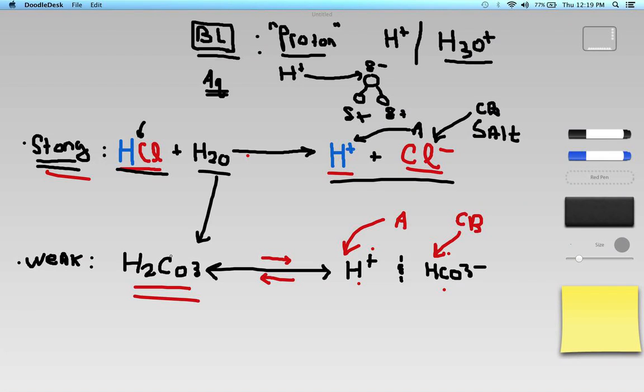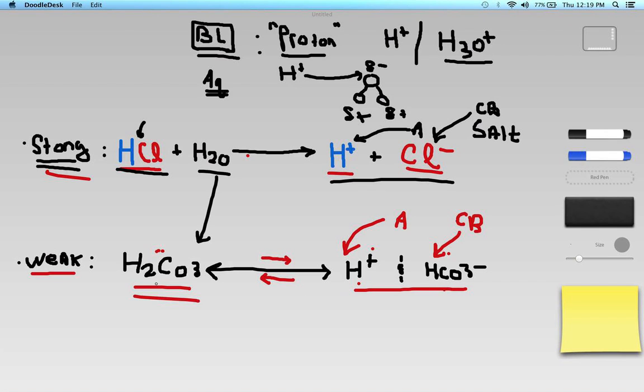So the two big differences are that this is a reversible chemical reaction to some extent, depending on how weak or strong the weak acid is, and that not every single molecule of carbonic acid is dissociating into hydrogen ions, hydronium ions, protons, and bicarbonate.